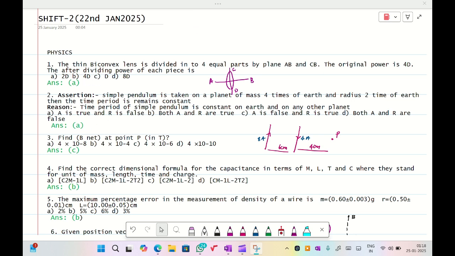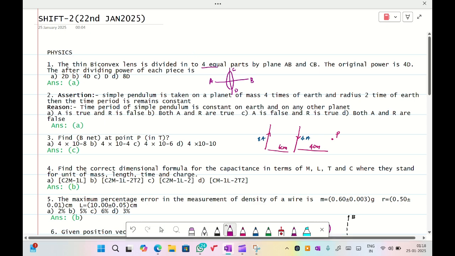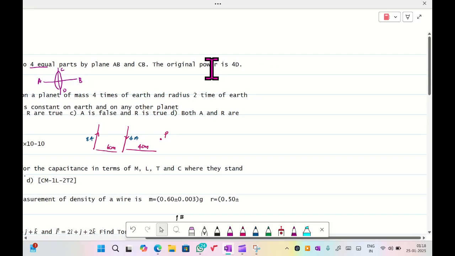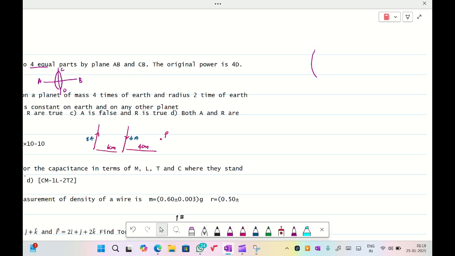If you see this, a thin biconvex lens is divided into 4 equal parts. So you know, when the convex lens is cut, the cut can be perpendicular to the principal axis, or the cut happens parallel to the principal axis.